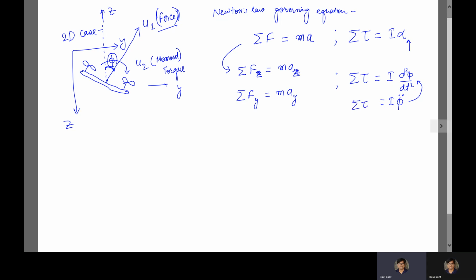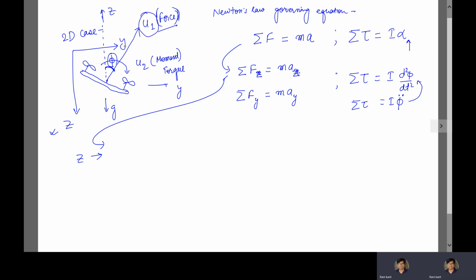Okay, so let's take the z direction first, linear momentum conservation. Summation of all the forces in z: gravity is acting downward, and we have taken downward as positive. Let's suppose this force u1 is acting.